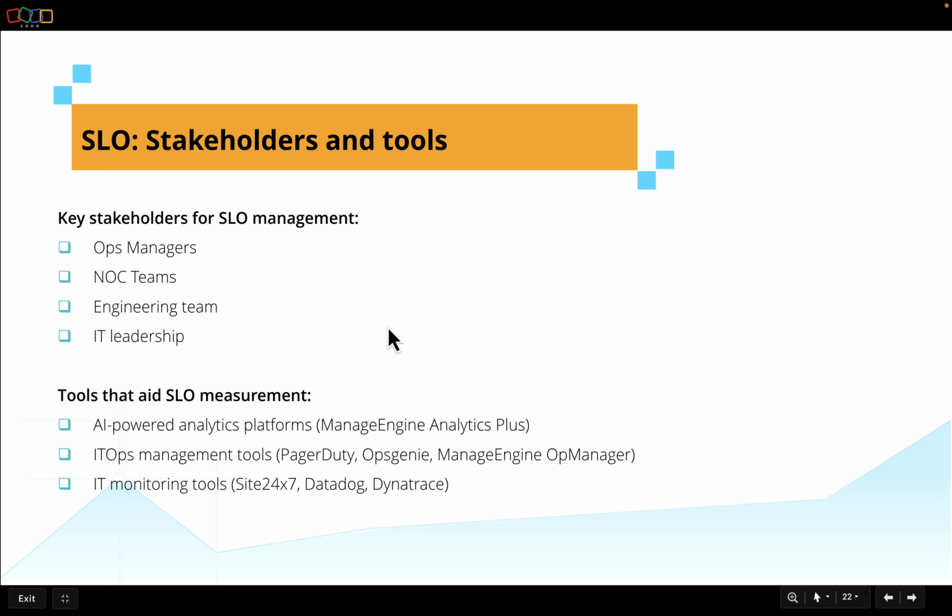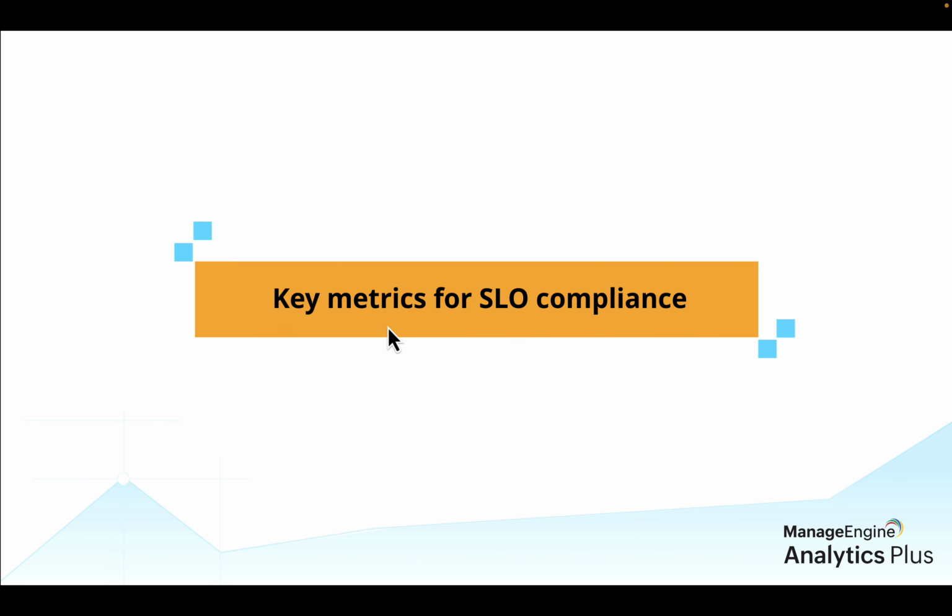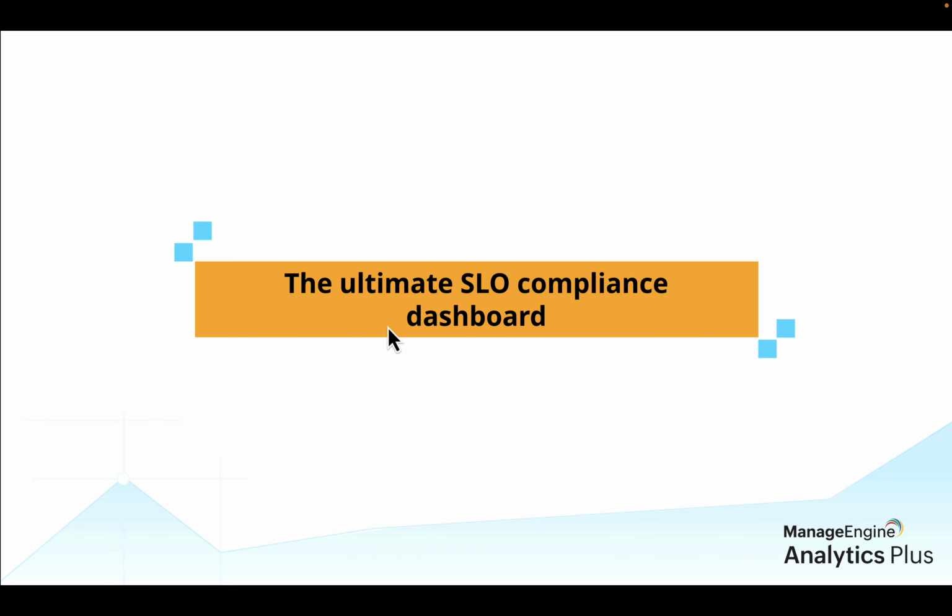Now that we have had an in-depth understanding of SLO, SLO management, and how SLOs can result in SLA compliance, let's move towards the most interesting part, which is creating the perfect SLO dashboard by identifying key SLO metrics. So the ultimate SLO compliance dashboard, created using unified IT analytics platforms like Analytics Plus, provides a single window view that incorporates key metrics and indicators for proactive SLO tracking and management.